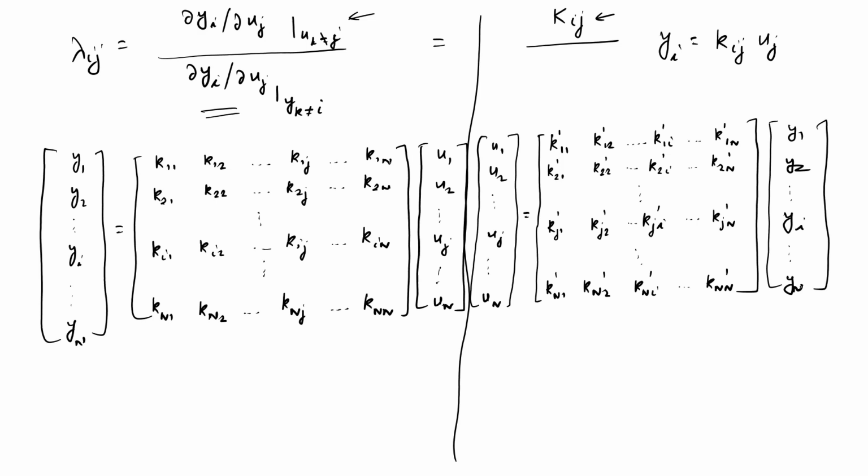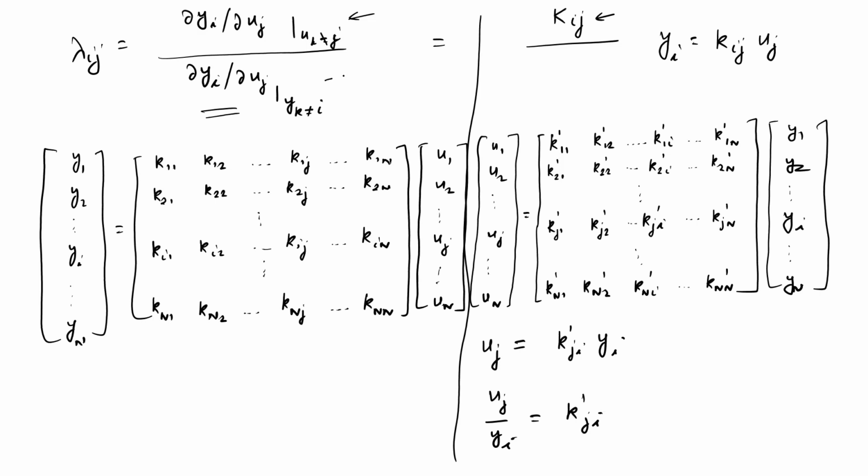Now if yi is non-zero, but y1, y2, yn are all 0, then uj will be equal to k prime ji times yi, and therefore uj by yi is going to be k prime ji.